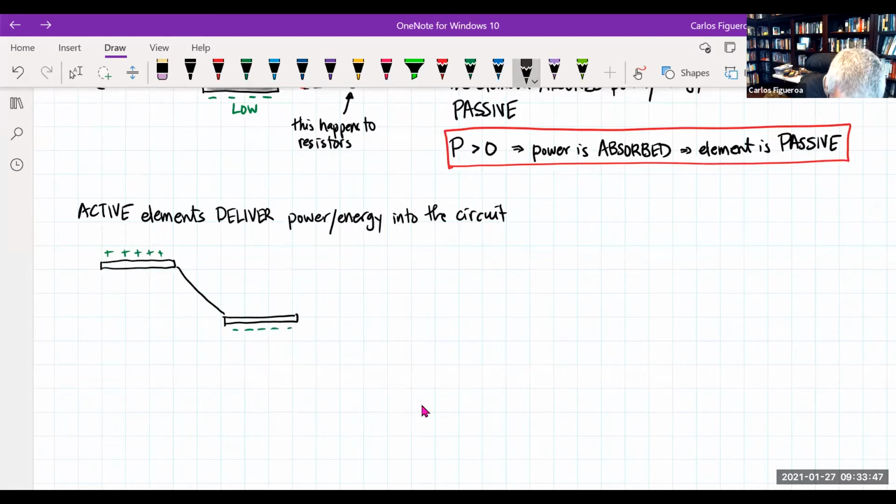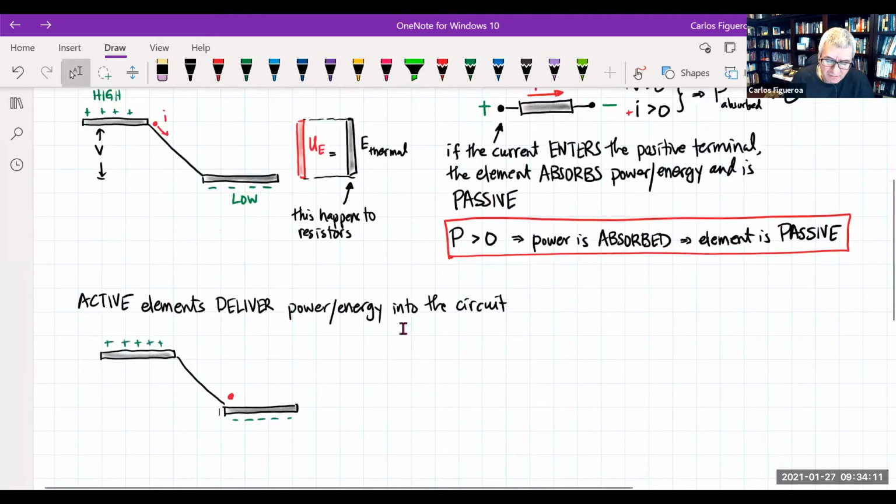So when I'm looking at this thing, I got to ask the question, if I have a charge right here, and I want that charge to go from the lower plate to the higher plate, how do I get that charge to go up? I have to do work.